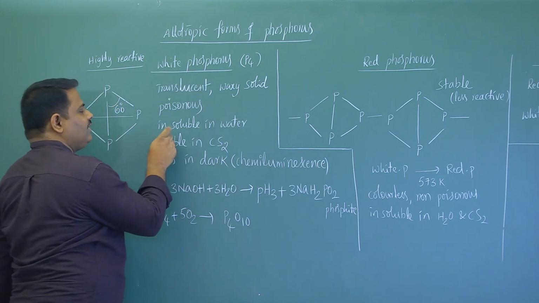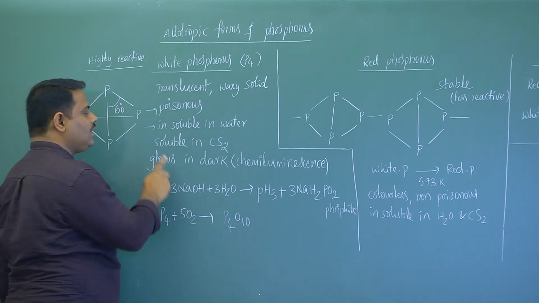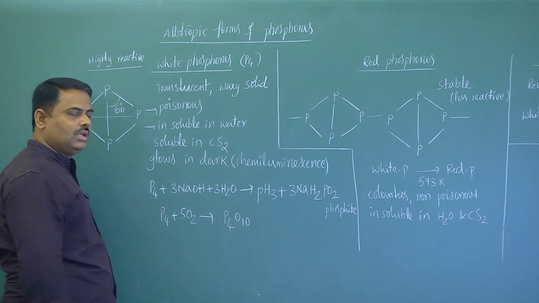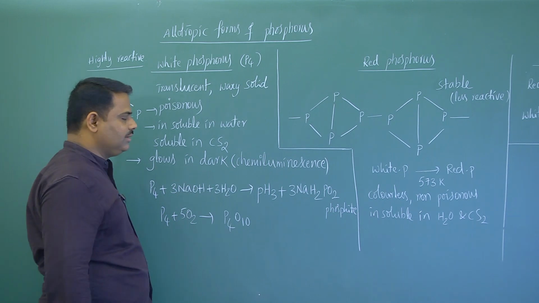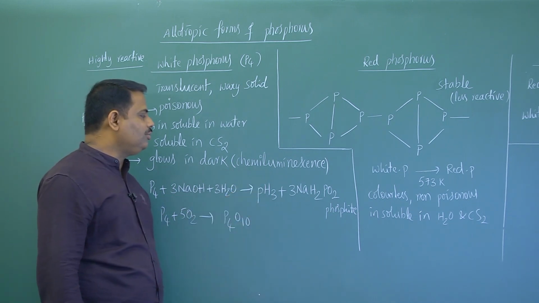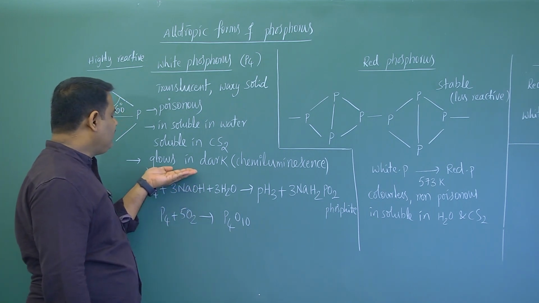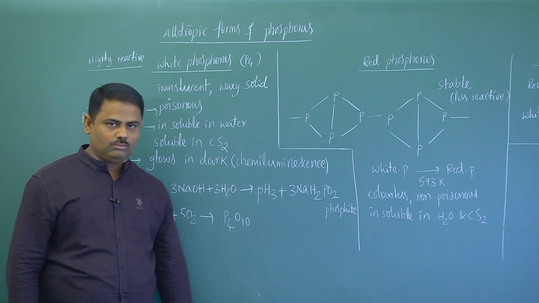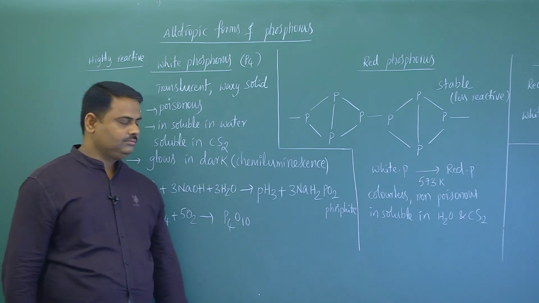Now this white phosphorus is insoluble in water, soluble in carbon disulfide. And white phosphorus glows in dark. This process is called chemiluminescence. If you place white phosphorus in dark space, you can identify its glow.